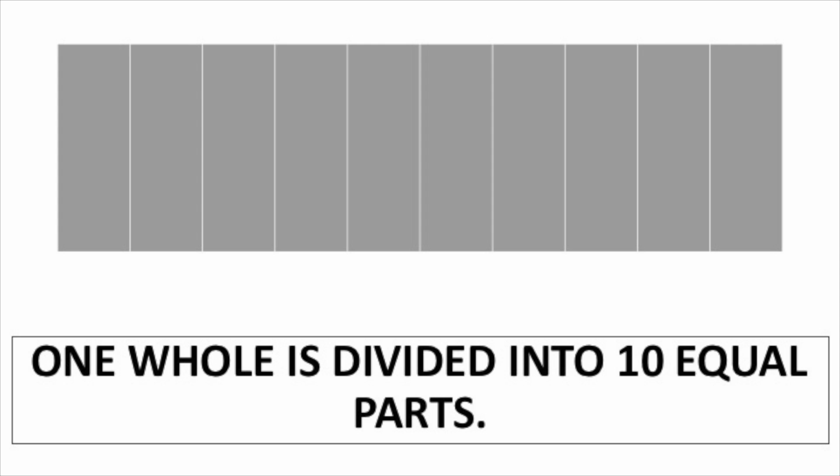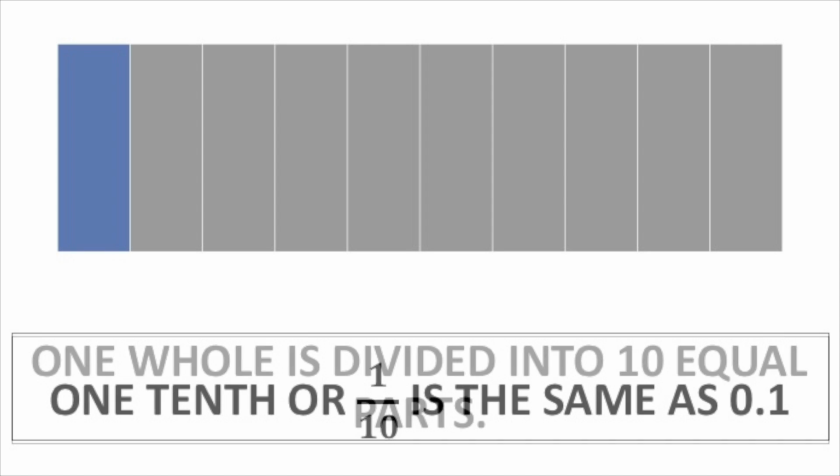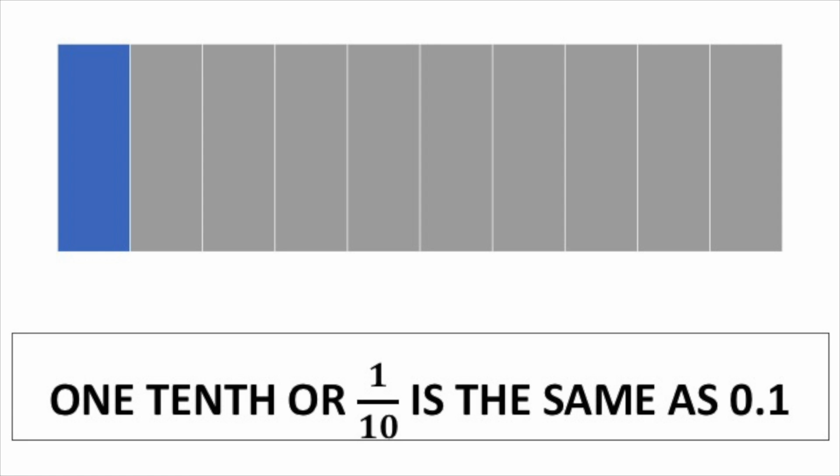One whole is divided into 10 equal parts. Because remember, with decimals, we always need 10 equal parts. This is where decimals are different from fractions. Fractions can be any number of parts, but a decimal is always based on 10 parts of a whole. So as you can see here, we've got a bar divided into 10 parts. 1/10, because we can still use it as a fraction.